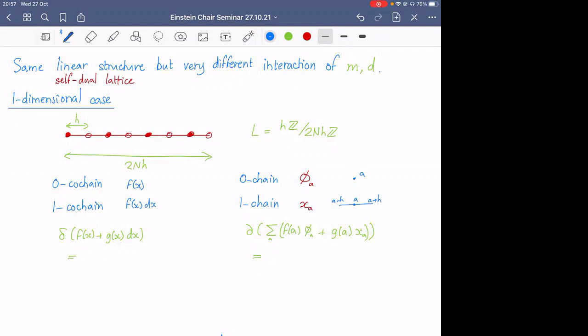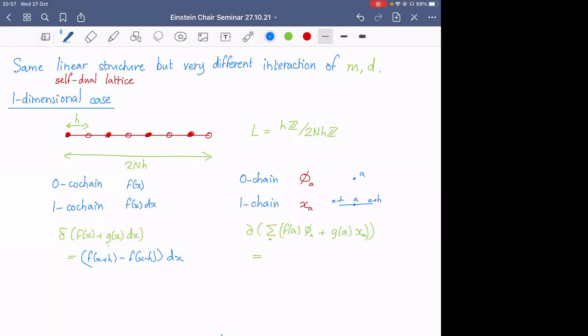Okay, so what's the boundary operator? We take a general cochain, so that may have a 0 component and a 1 component. Then what is the coboundary? Well, the coboundary has degree +1, so the 1 cochain part vanishes, and we're just left with the coboundary of f of x, which will be f of x plus h minus f of x minus h, dx. So that's the coboundary operator.